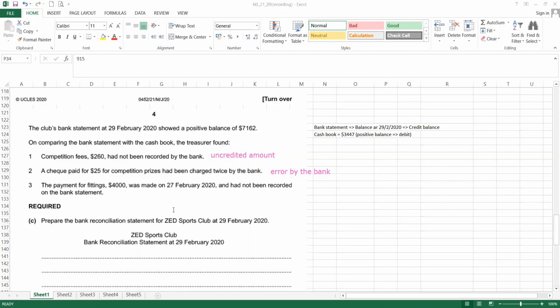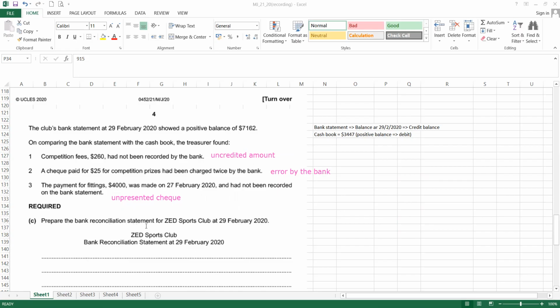This one we call an unpresented check. Okay. So these three items of information, we are clear with them. They show us that we must adjust in the bank reconciliation statement.